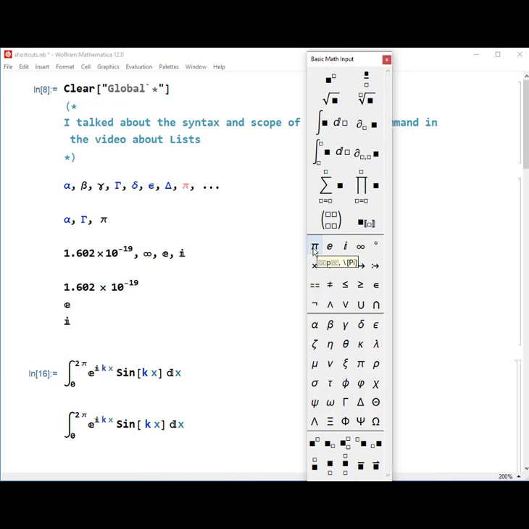You see that it shows me escape P escape is the escape sequence for pi. For E, escape EE, the two E's for E. Escape INF escape for infinity. So you can go back to this basic math input palette and you can remind yourself of those escape sequences.